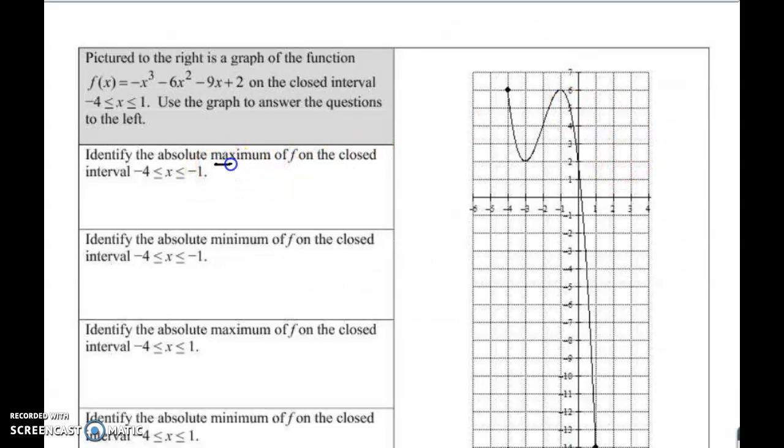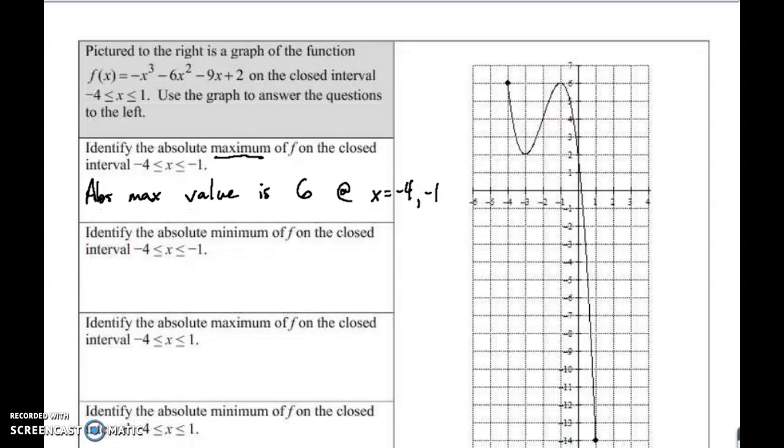So back in the notes, the absolute max, we already have the graph drawn right here. But if we were to find the absolute max based off the graph, I would commit to the max value is 6. Now as far as where does it occur, you might want to say at x equals negative 4 and x equals negative 1. Sometimes they don't even ask for those values.